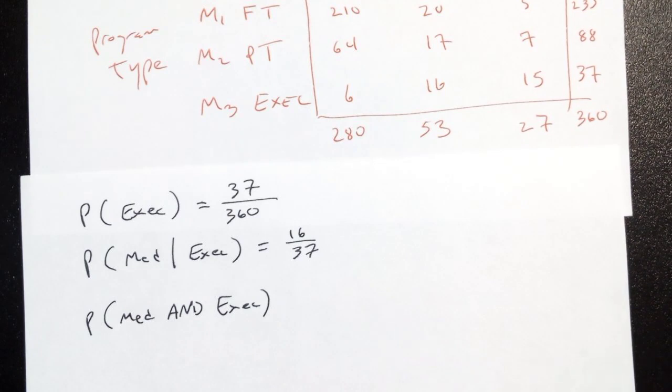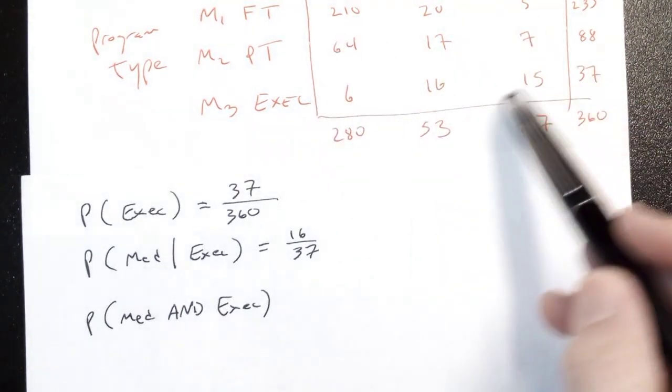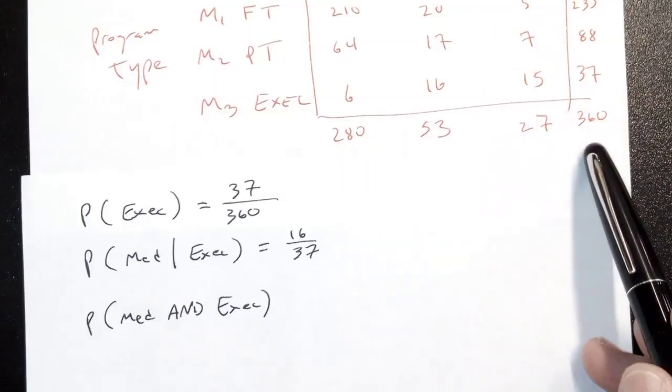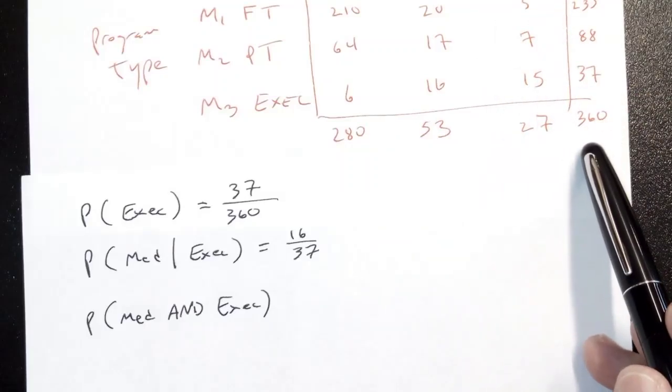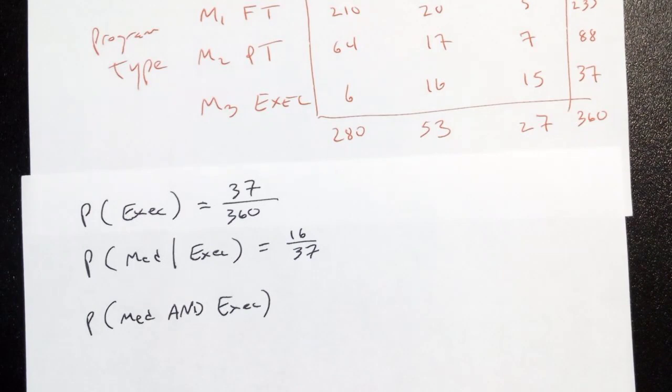One is to use the conditional probability formula, right? But another is to say this is a joint probability, and really then is comparing one cell of this table with the overarching total. So in that case, what is this probability?